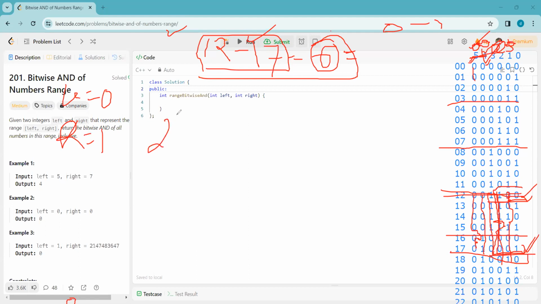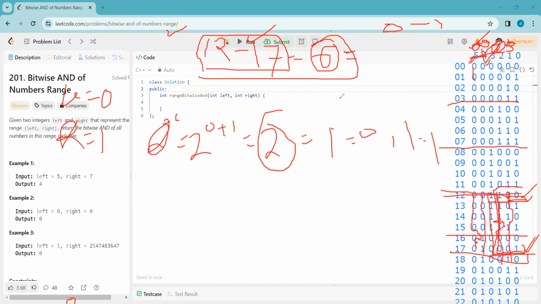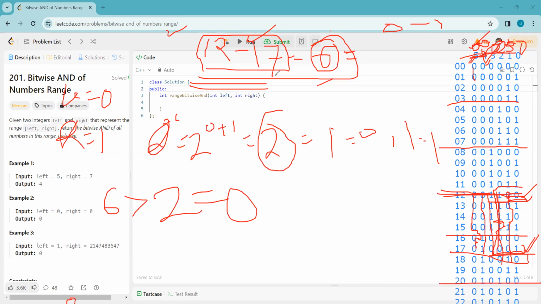Now for the 0th bit, the pattern will repeat after 0 plus 1, that is 2. That is, first one number will be 0 and next one number will be 1. Since 2 is less than 6, definitely this pattern has been repeated in this original range. That means the bitwise AND for this bit will be 0. So again, it is 0. Since all bits are 0, the bitwise AND for this number will be 0.